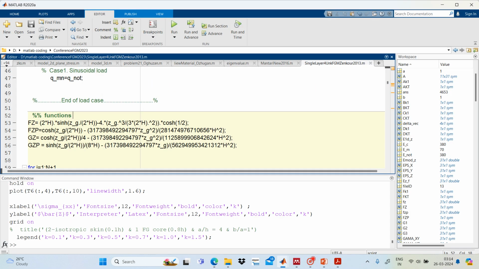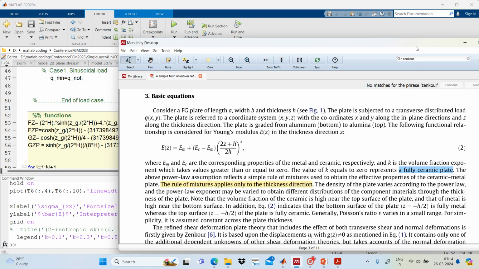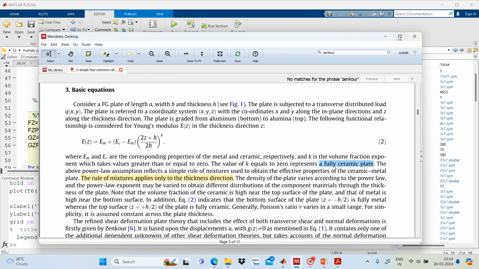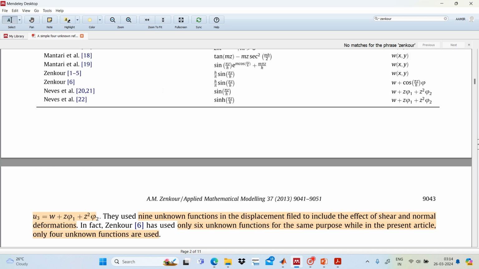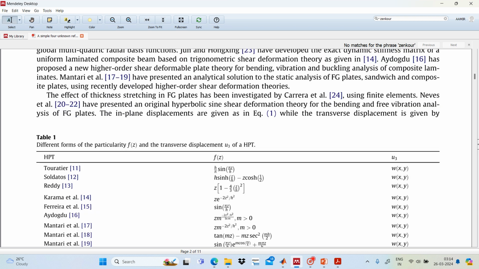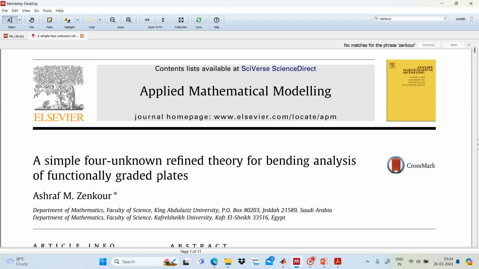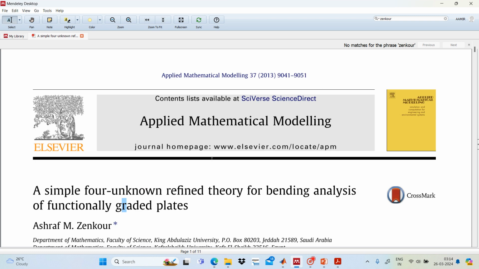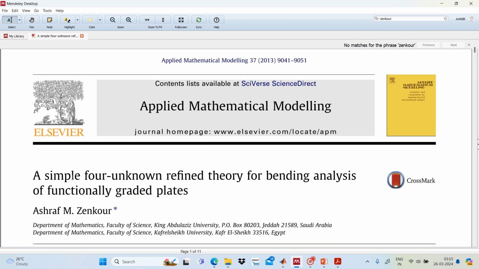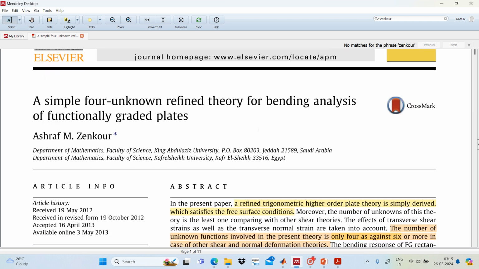Before that, we will see one of the papers. This is a paper by Ashraf Zenkour, who has worked a lot on functionally graded plates, from I think 2013: a simple four unknown refined theory for bending analysis of functionally graded plates.